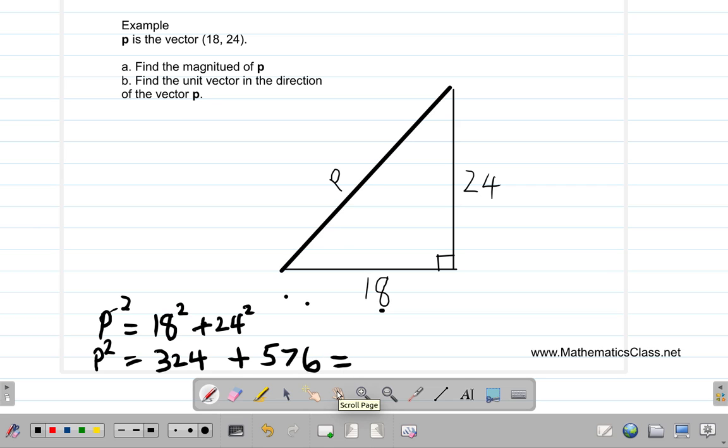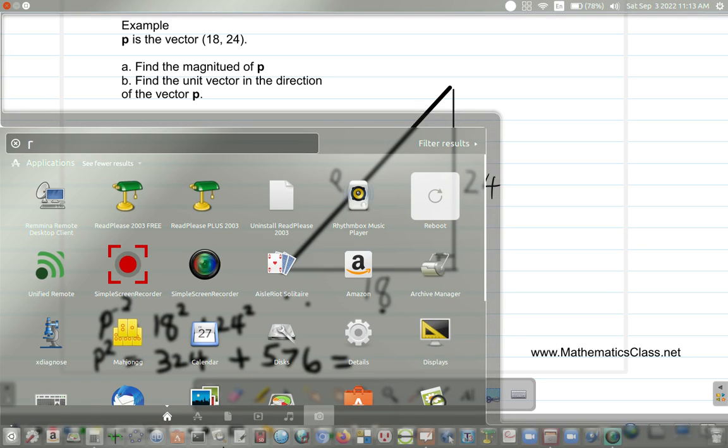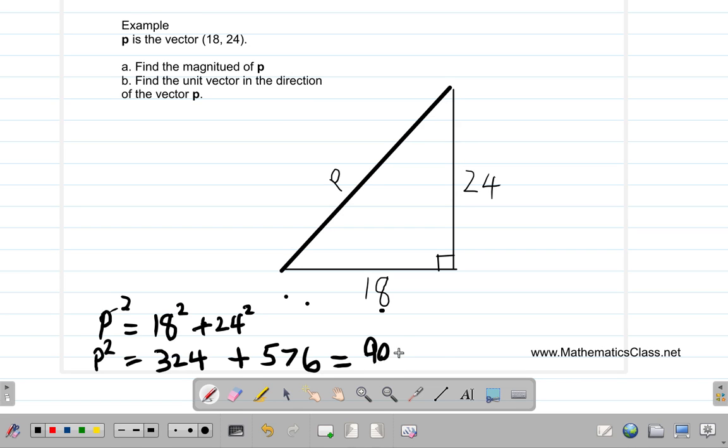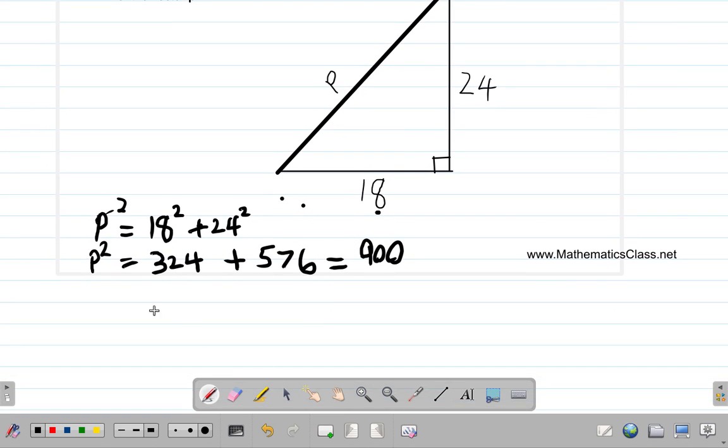When you add these together, what do you get? 576 plus 324, 900. So this is 900. Now P squared is 900.